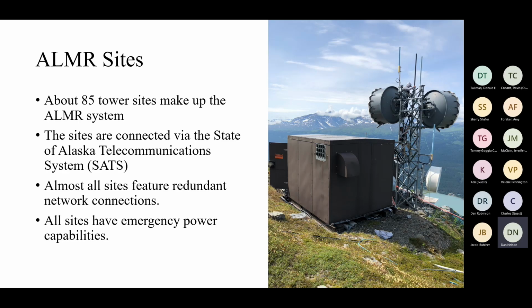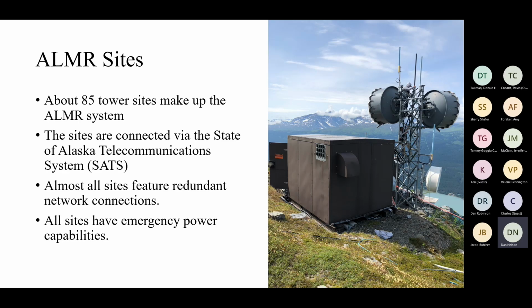The picture that you might be seeing here on your screen is an example of a mountaintop site. The big round dishes that you're seeing are part of that microwave network. And then you see the actual antennas there on the top where the technician is replacing one. This was taken during our upgrade this past summer, where actually the radios, the subscriber units, talk to.